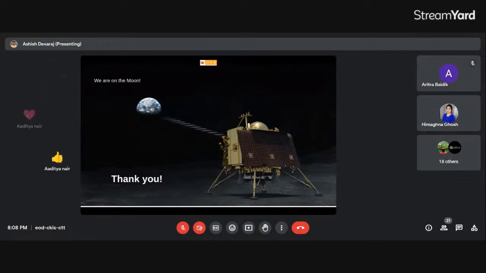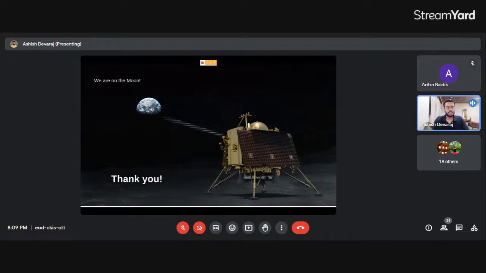Sir, what is the reason behind crater formation and why do all the craters have a circular shape? Crater formation happens when asteroids collide with the surface of the Moon. Assume a still surface of water, and you are dropping a drop of water onto it.